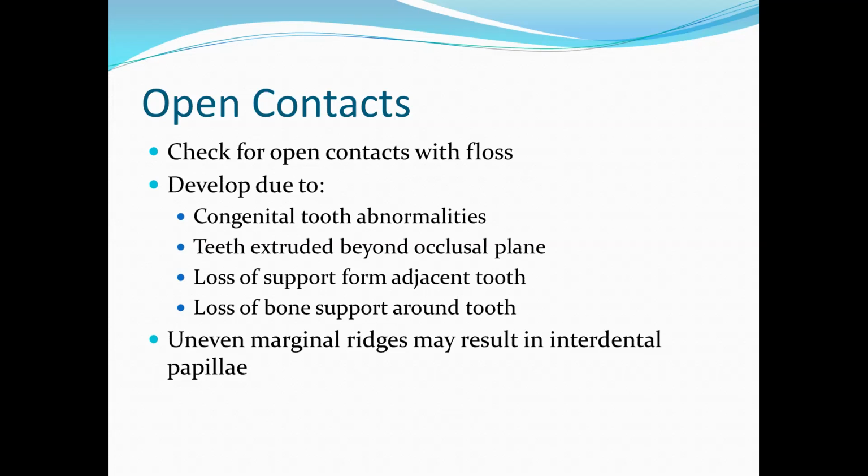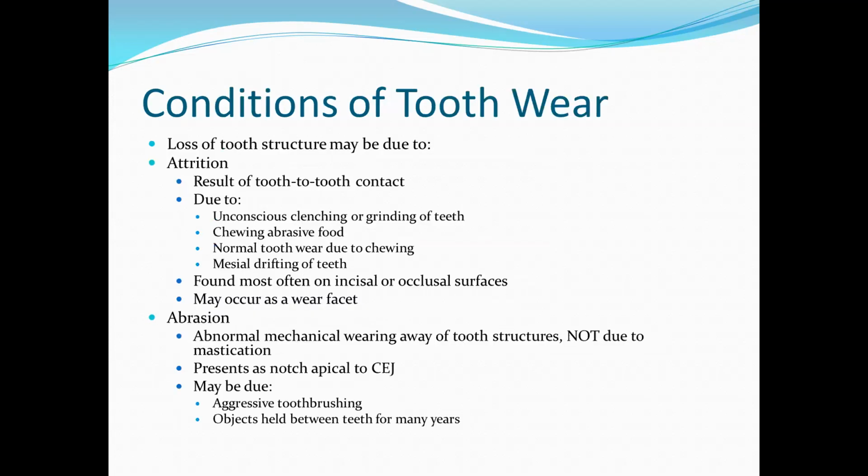But if an implant is next to a natural tooth, over time, just by virtue of how the bone reacts, it will become an open contact. So either on the mesial or the distal. So that's something that you need to be looking for, because if it's creating an unhealthy situation, then a restoration might need to be placed on the mesial or distal of the natural tooth to close that up.